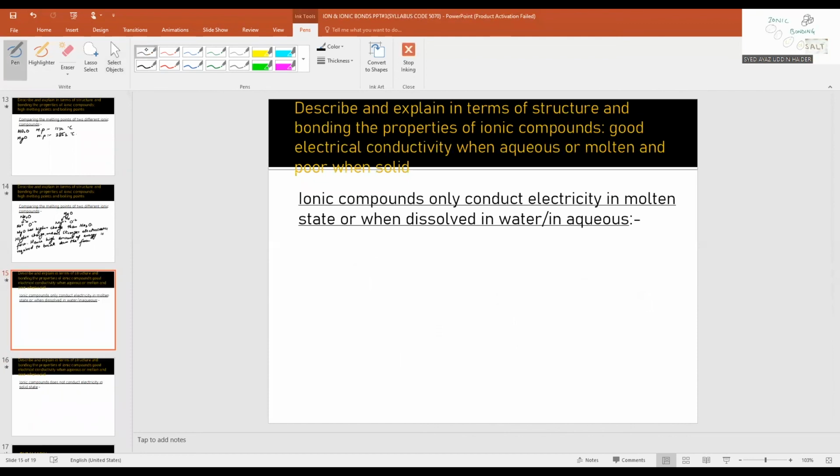Now, ionic compounds only conduct electricity in molten state or when dissolved in water, in aqueous state. It's due to the reason that in molten state, when ionic salts are heated, or when dissolved in water, the ions become free or mobile.